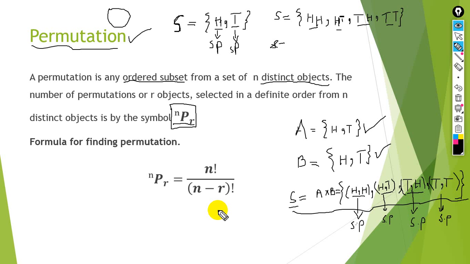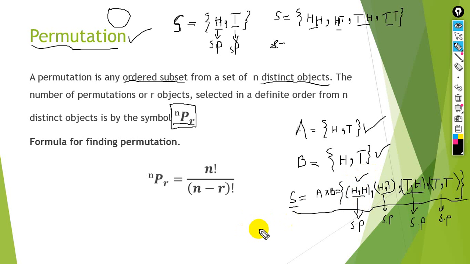Find the number of sample points from this sample space in which the H exists at least two times. Okay, at least two times means H must appear at least twice. Right, it must not be less, but more is not a problem.